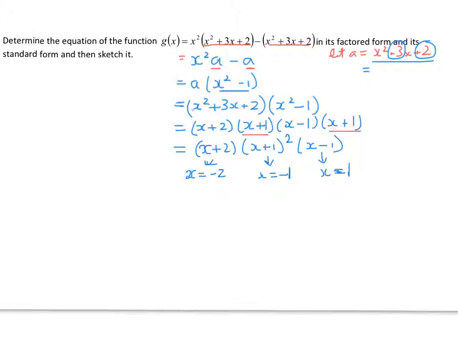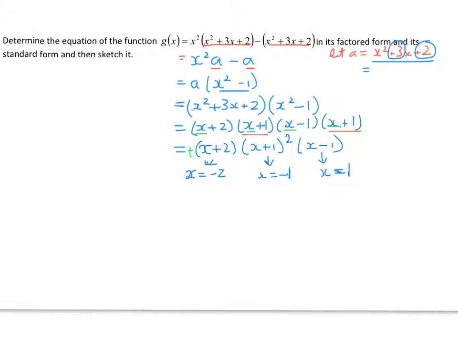If I were to expand and simplify this all out, I'm going to get a degree of 4, because I have an x times an x is x squared, times another x is x cubed, times another x will be x to the 4. It's degree 4 with a positive lead coefficient. So that means my end behaviors both go to positive infinity.